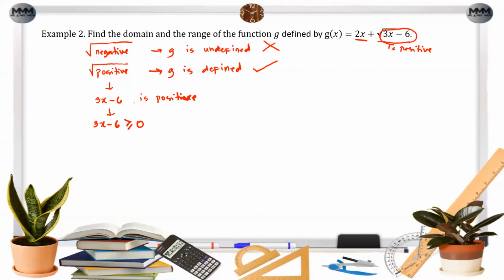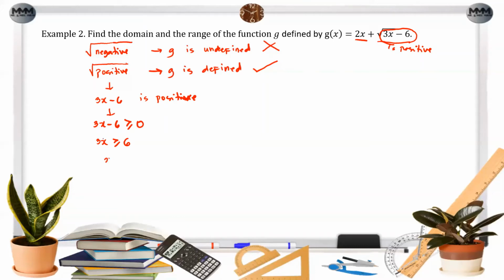Our goal here is to find the domain of the function, so we will be solving for x. By using algebraic concepts, we will manipulate this one. Greater than or equal to: we move negative 6 to the other side, and it becomes positive 6. We just copy the symbol greater than or equal. Then we divide both sides by 3.